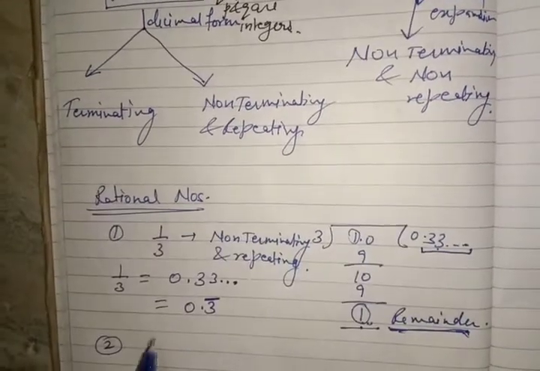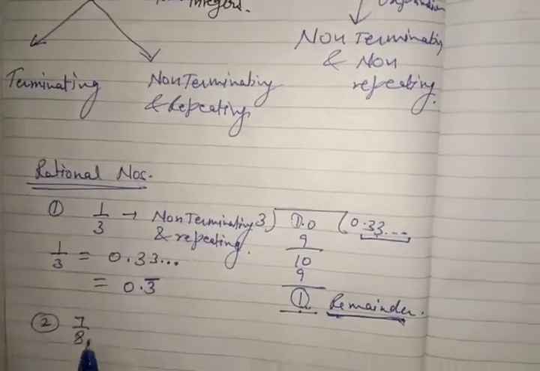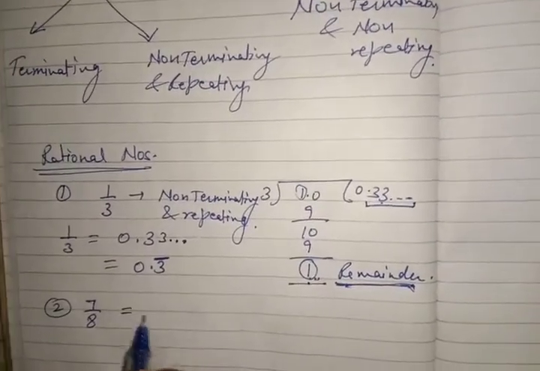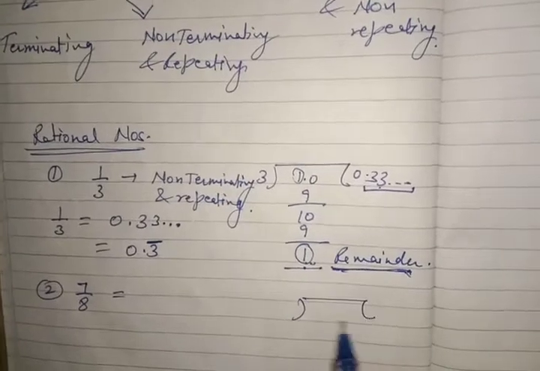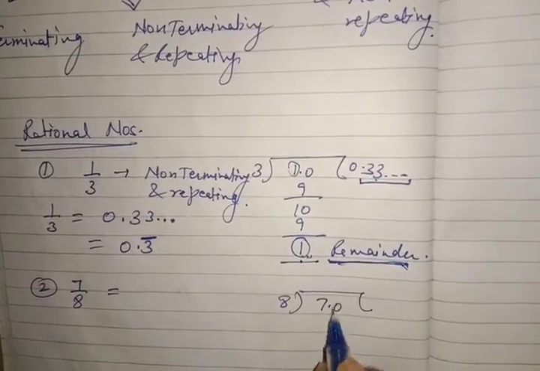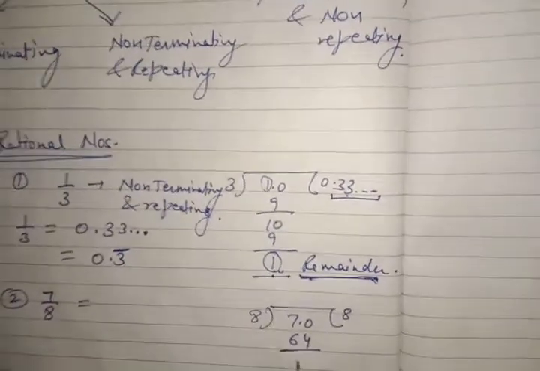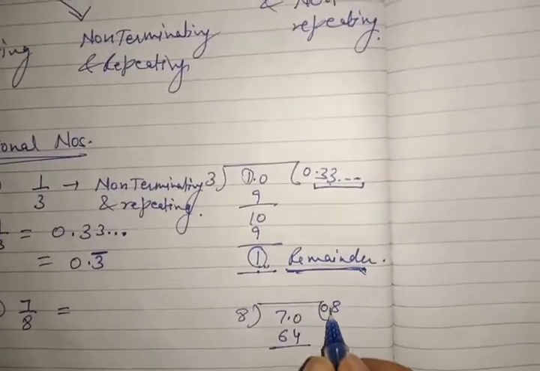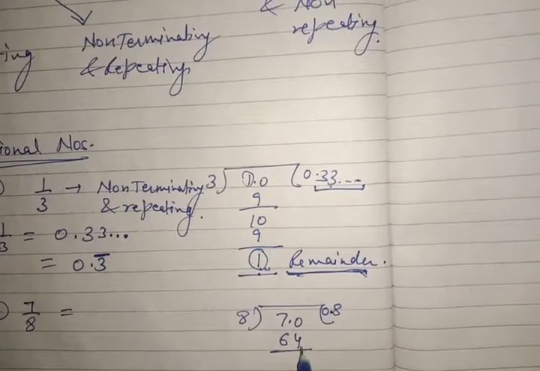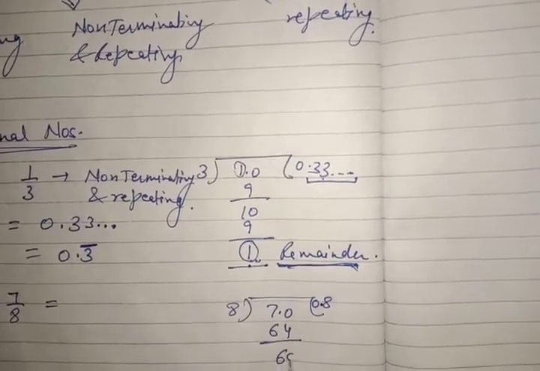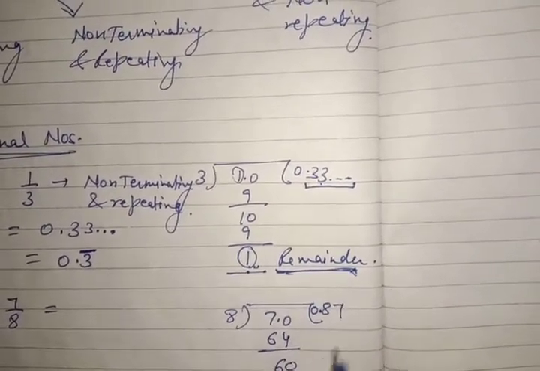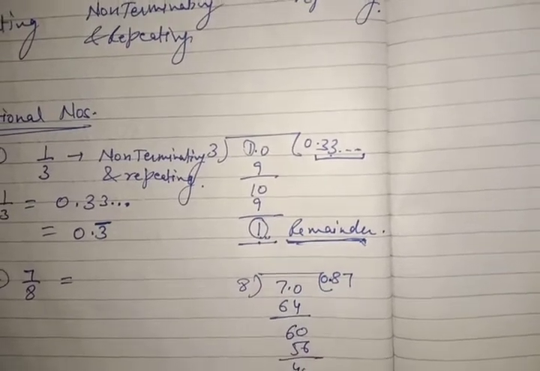The second example that I will take is 7 by 8. Now if you divide 7 by 8, what will you get? 0 point, then you will get 6, 56, then 4, 0.